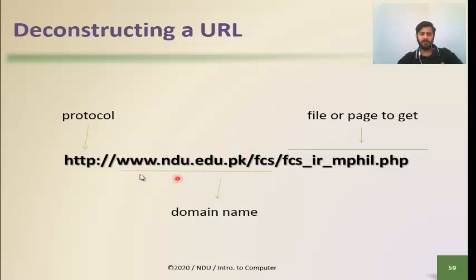So you have the domain name addressing here, ndu.edu.pk, and then you have a directory or a folder inside the NDU website, and inside the folder you have a path for your file. So that is our understanding of the URL.